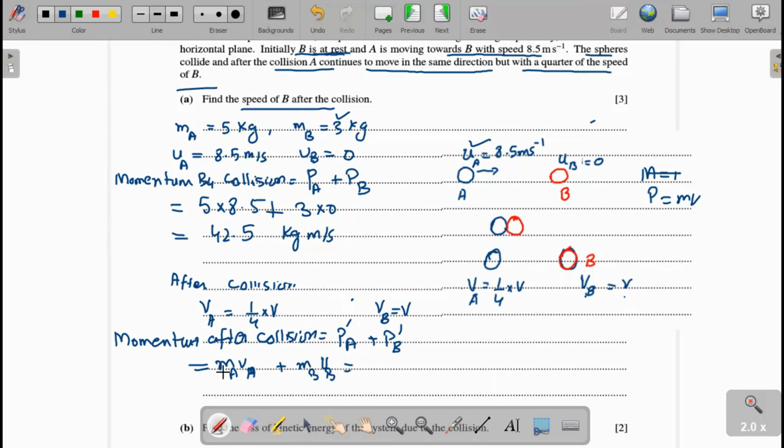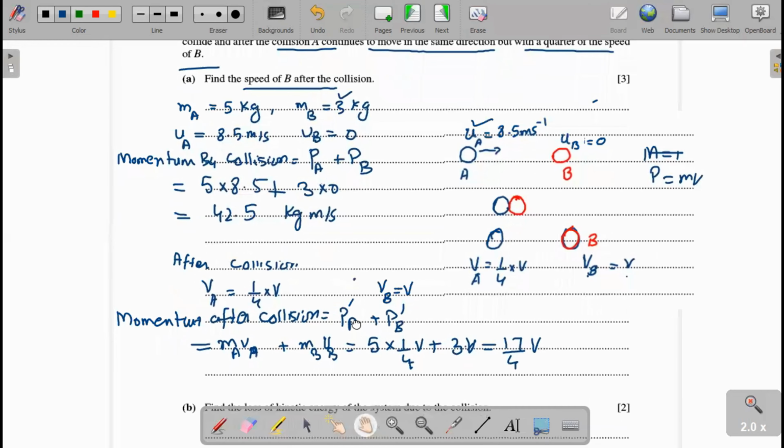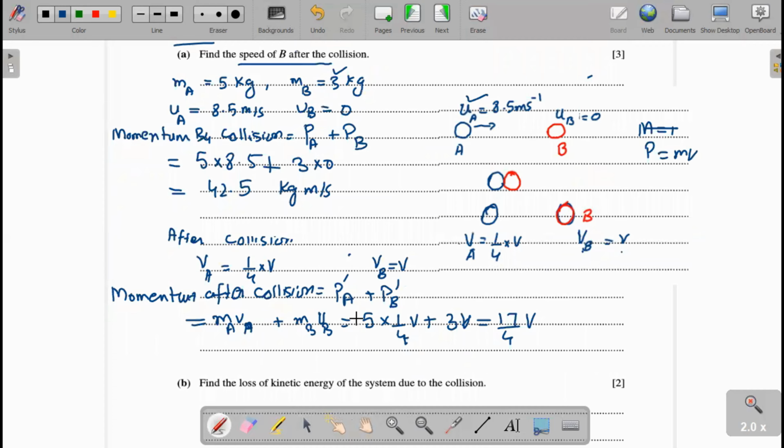Now we write the values here. 5 multiply VA, which is given as 1/4 V, plus MB, which you can see here is 3, multiply V. That value is equal to 17/4 V. According to the law of conservation of momentum, momentum before collision equals momentum after collision.